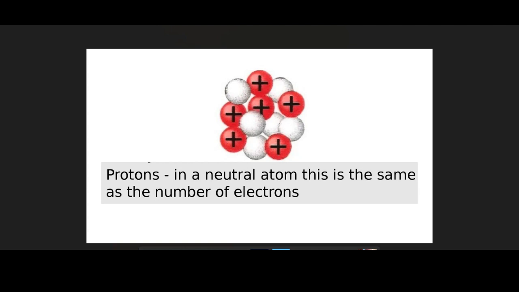So an atom is considered to be neutrally charged. How neutral? Because if there are 5 protons inside the nucleus, there are 5 electrons outside as well. So 5 positive and 5 negative makes the atom neutral. That is what the atomic number is, the number of protons, and it is always equal to the number of electrons in the atom. That's all about the atom.